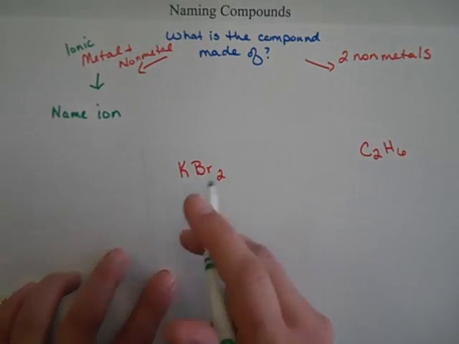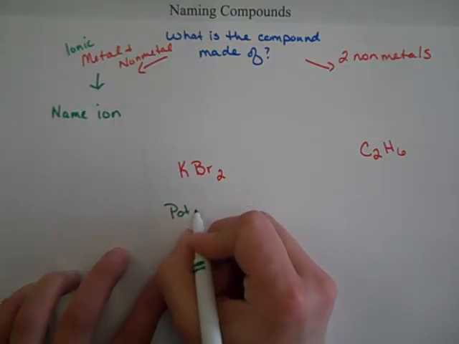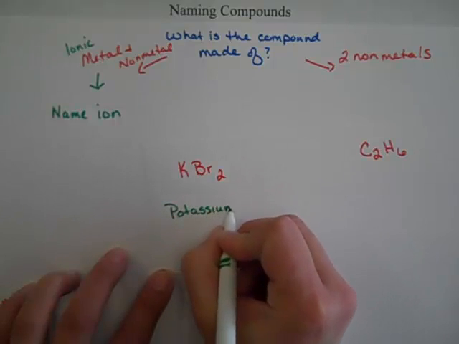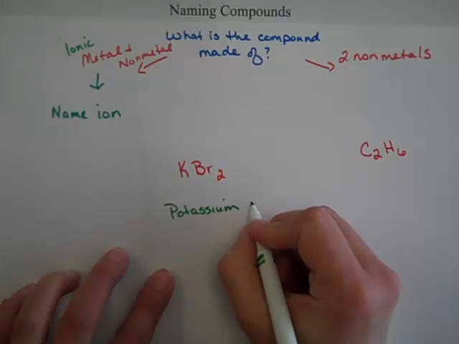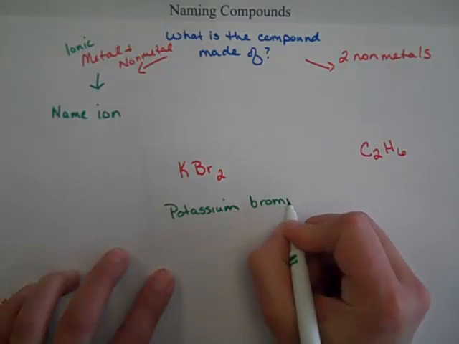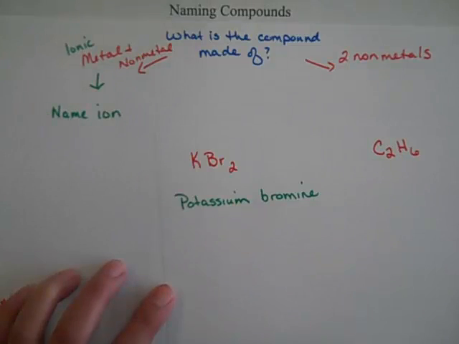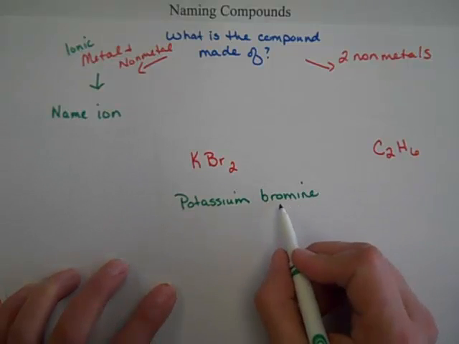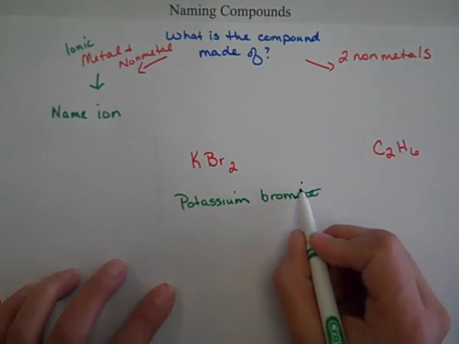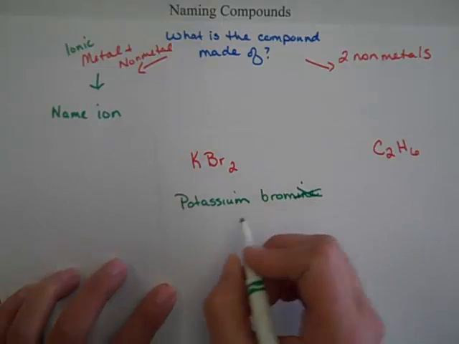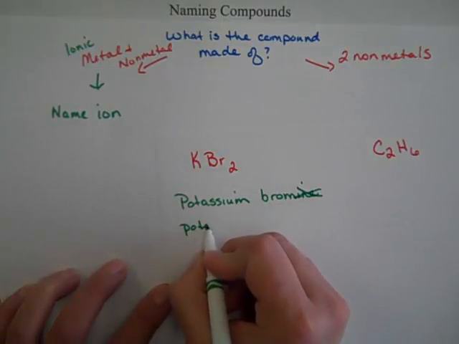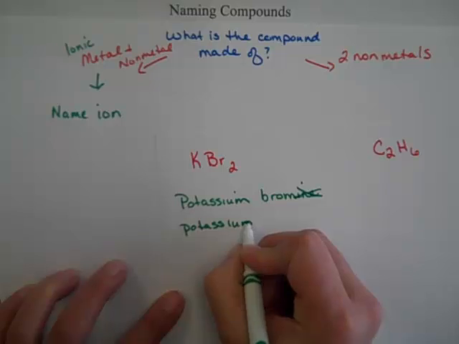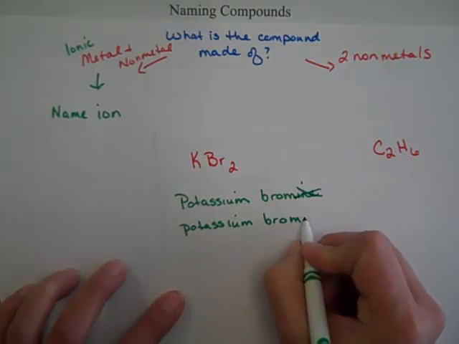K is potassium. Br is bromine. And remember, our negative ion is going to change the ending to IDE. So we have potassium bromide.